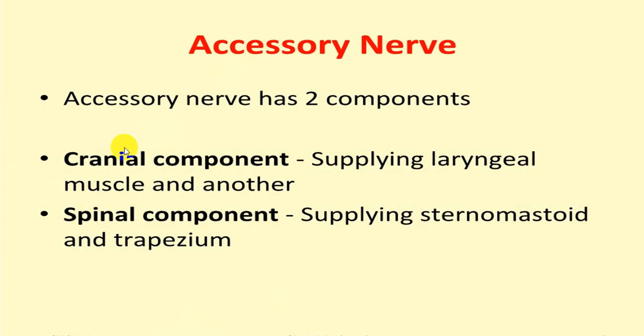So it has 2 components, cranial component and spinal component. Cranial component supplies laryngeal muscles and pharyngeal muscles via the vagus nerve, and after coming out through the jugular foramen, it will supply sternocleidomastoid and trapezius by the spinal component.